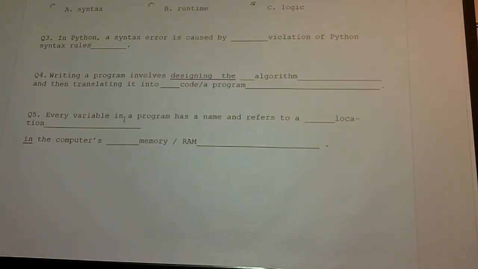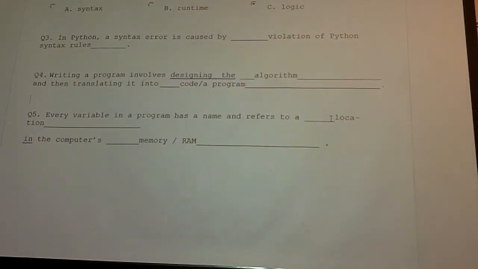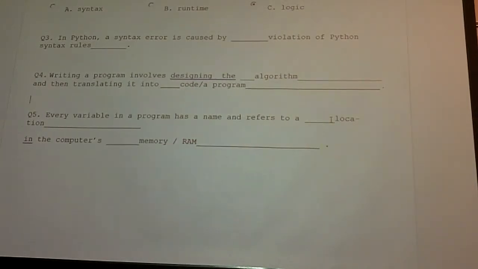Number 5, every variable in a program has a name and refers to a location in the computer's memory. Okay. This is a concept that we need to become familiar with.